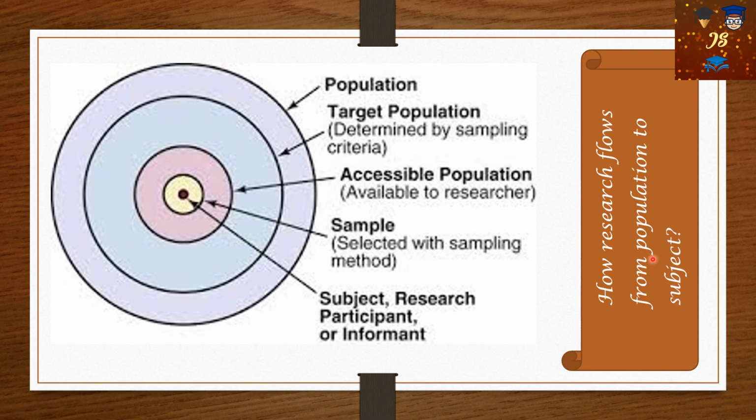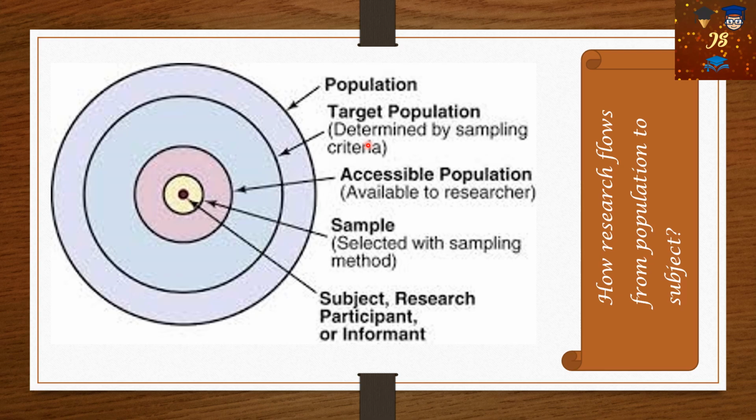Now, how does the research flow from the population to the subject? This outside circle is the whole population. This is our target population, on whom we are going to do our research, determined by the sampling criteria.